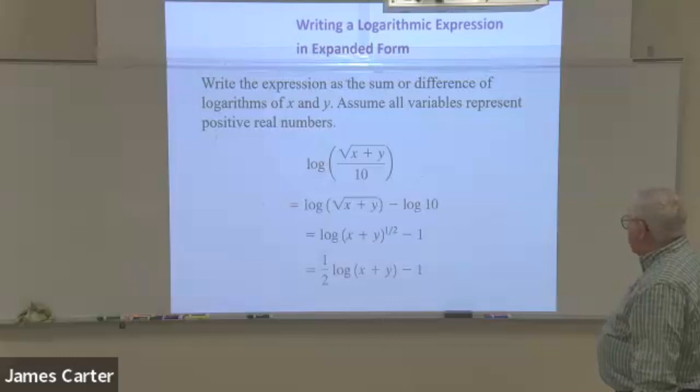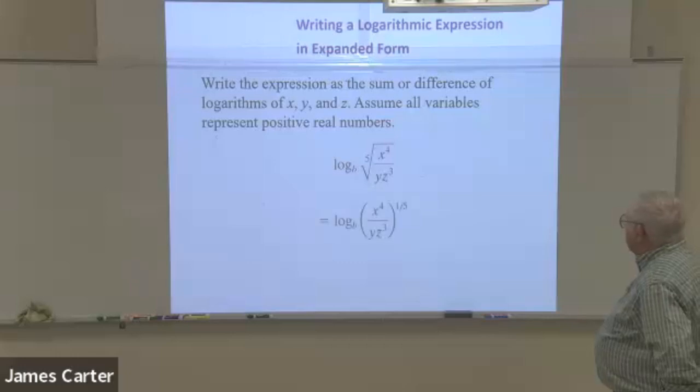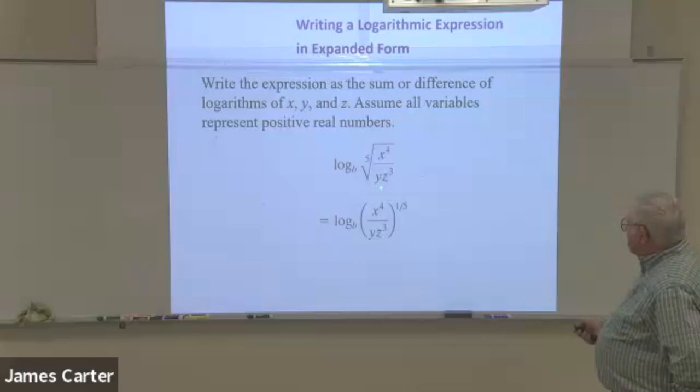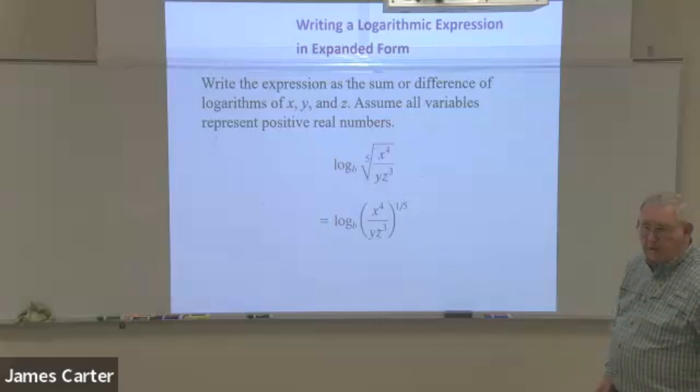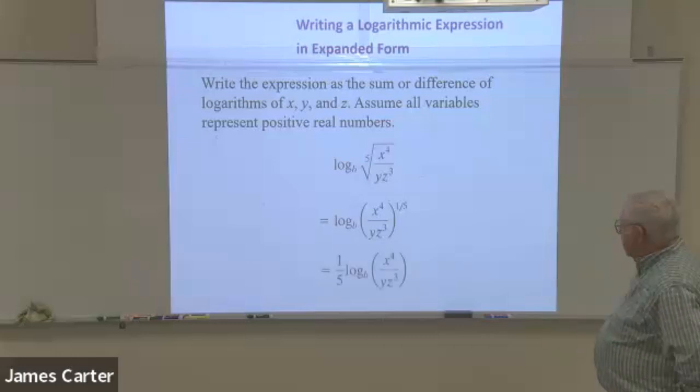Okay, well, anyway, there was the answer. Here we go, a new one. I would do this same first step. The next thing I do is bring this 1/5 out front of everything, which is exactly what they did.